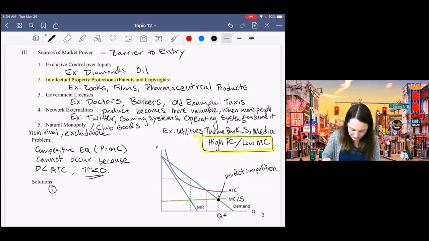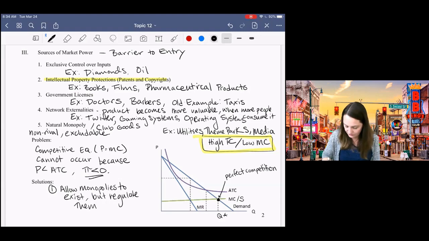One solution is to allow monopolies to exist, but regulate them. Why do we need to regulate them? Well, if we just allow a monopoly to exist in this market, where will we end up?